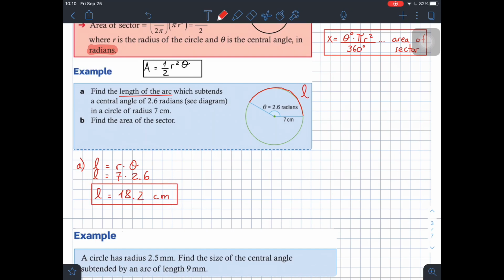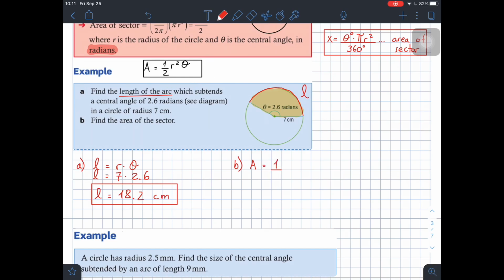Then for part B, it says, find the area of the sector. So we want to find the area of the sector, which would be, let me shade that region with orange. It will be this region over here, right? This is the area of the sector. So if I want to find the area of the sector, I'm going to be applying the second formula, this one over here.